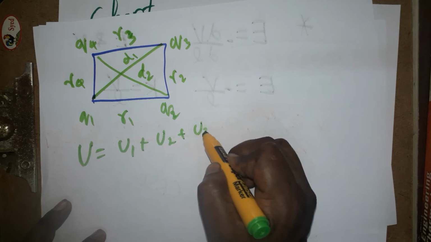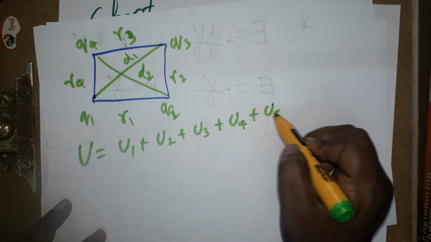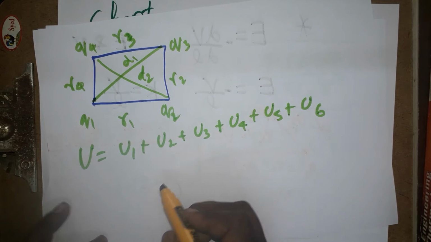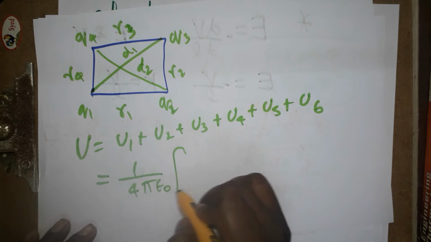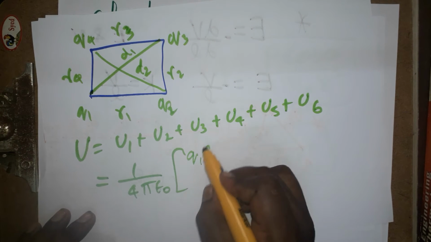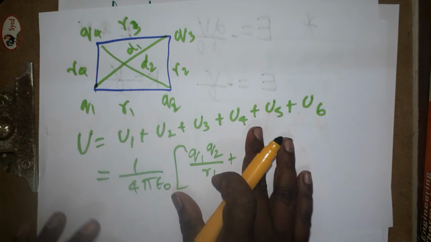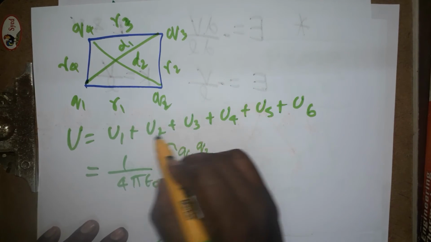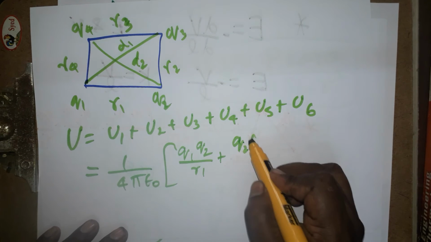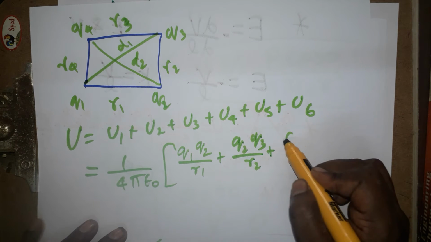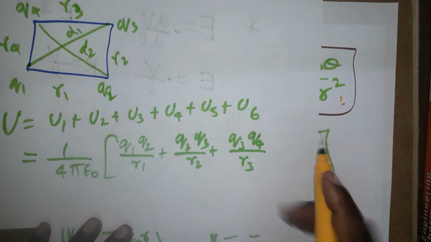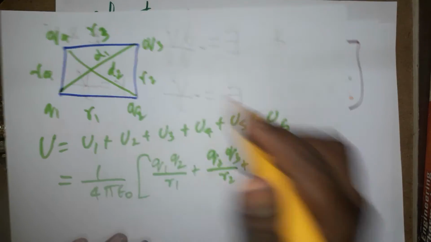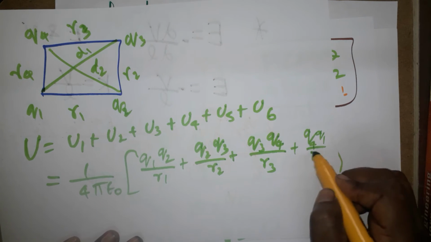U is equal to U1 plus U2 plus U3 plus U4 plus U5 plus U6. In all the formulas we get 1 divided by 4 pi epsilon naught, which I have taken common outside. For U1, Q1 Q2 divided by R1 distance. I'm doing this just for understanding. U2 is Q2 Q3 divided by R2, plus U3, Q3 Q4 divided by R3, plus Q4 Q1 divided by R4.